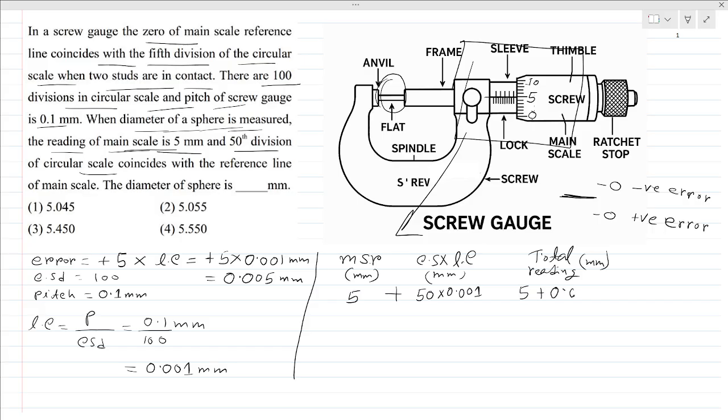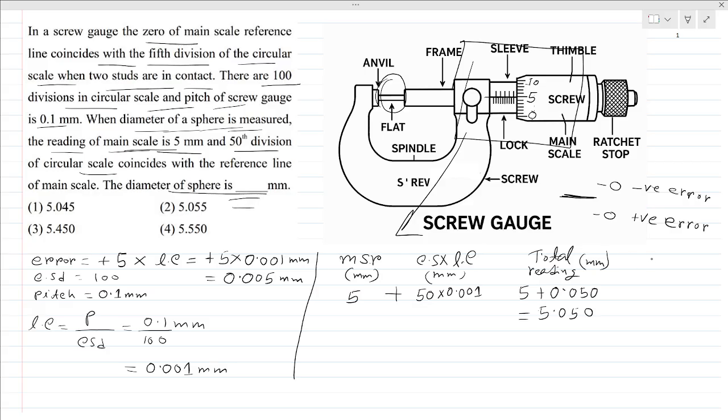So we will get the total reading as 5.050.